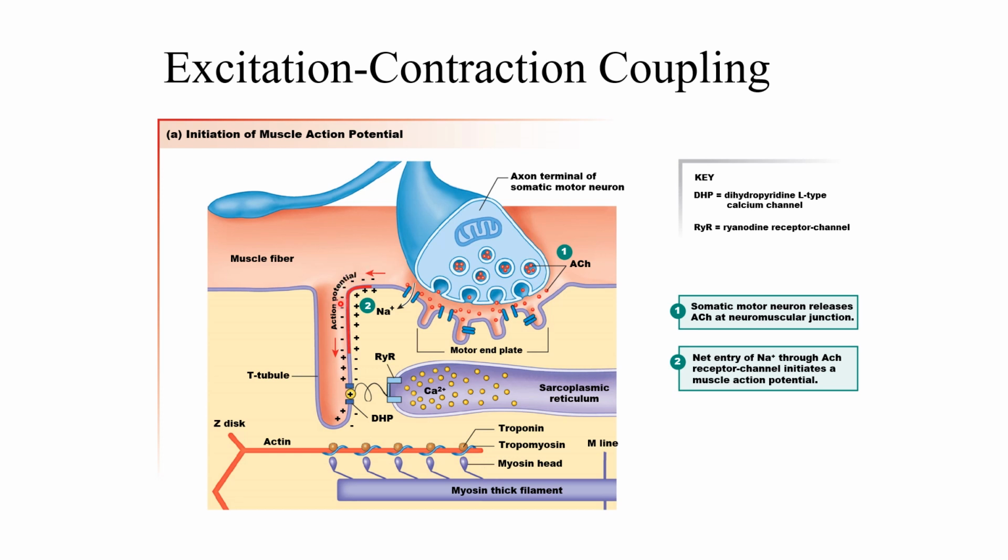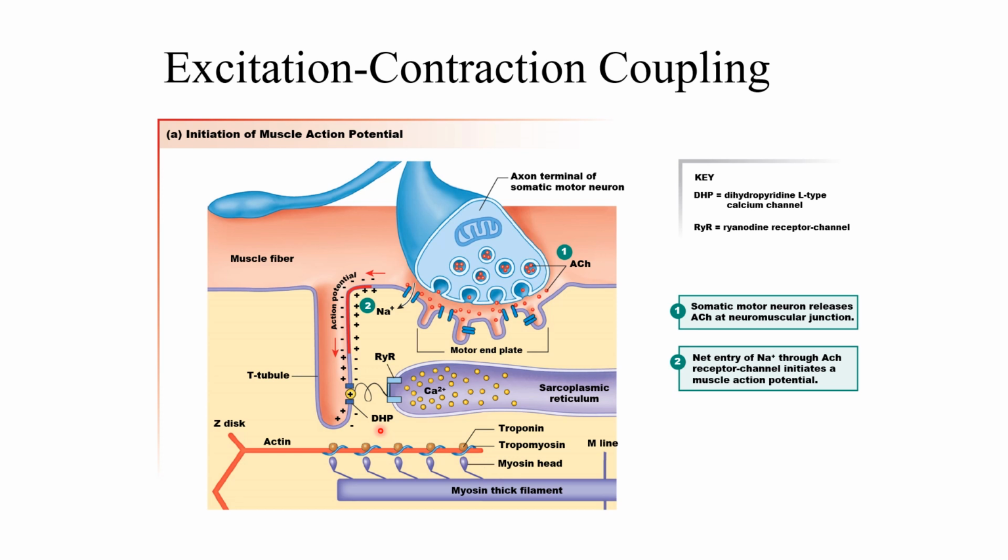Once an action potential runs down the T tubules, those receptor channels right here are actually going to change their conformation. And notice how those DHP receptors are attached to the RYR receptors. So once DHP changes its shape, it's going to pull open the ryanodine receptor.